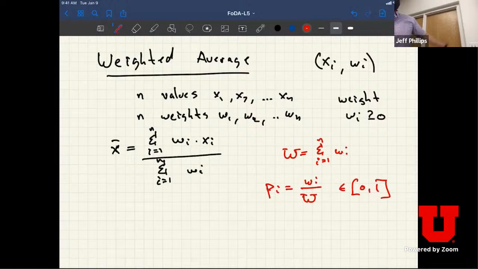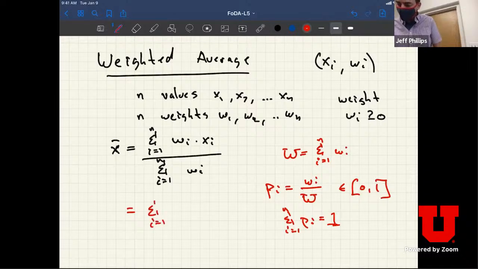And if I add all the pi together, the sum of pi is exactly equal to 1. So if I do this, then this term is also equal to the sum of pi times xi. I've factored this, uppercase W, into the weights.